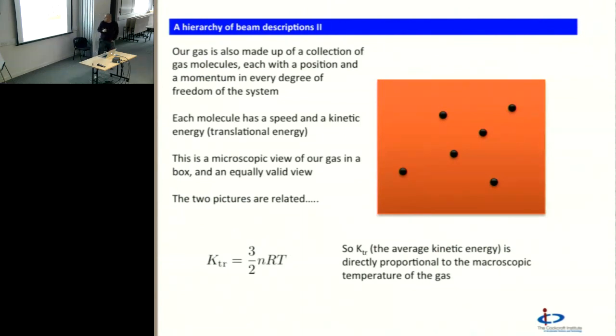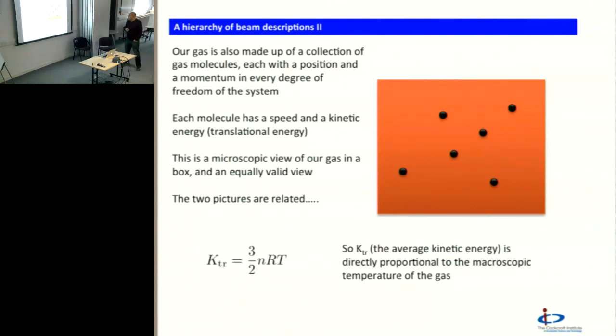This is a microscopic view of a gas, and it's equally valid, but somehow it is related to the macroscopic view in terms of pressure, temperature, and such things. So you have a dual description of a gas: look at individual molecules, or pressure, volume, temperature. And these things are related. For example, the kinetic energy K is 3/2 nRT from basic thermodynamics.